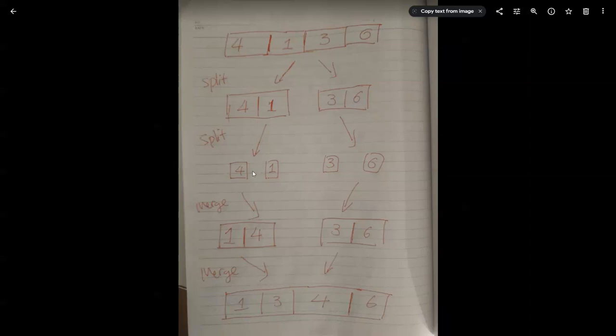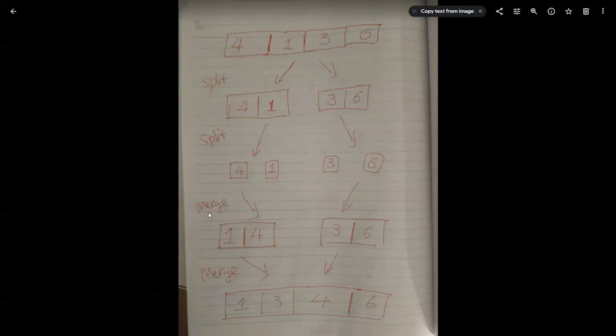And then we keep doing that until each one of the arrays contains only one number. So we keep splitting it until we reach the stage where each element is in a single array. And then now we can start to merge them.